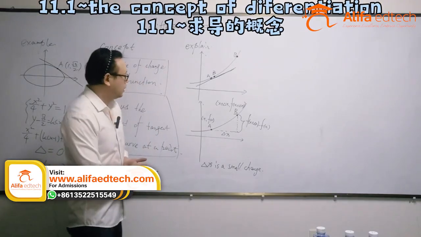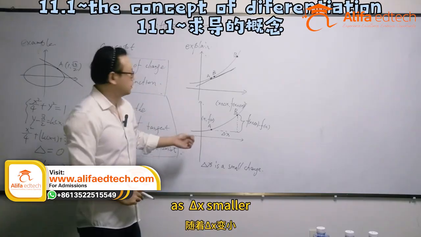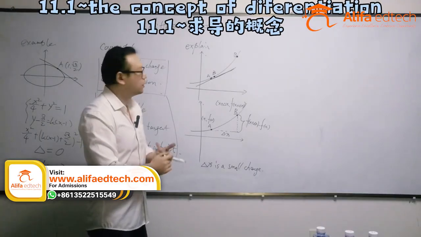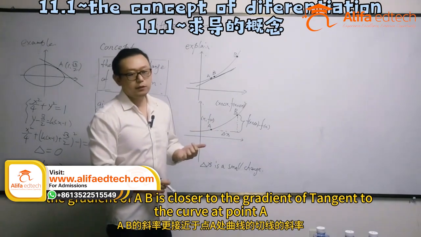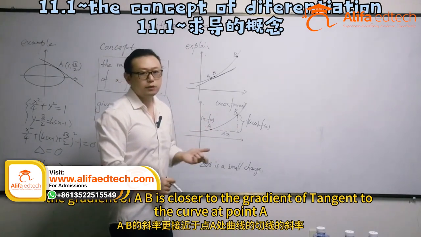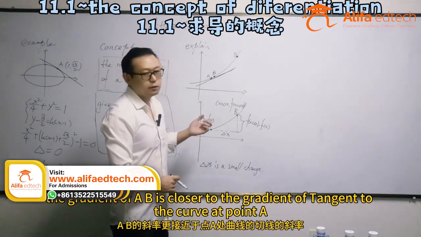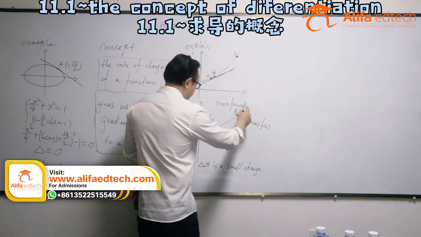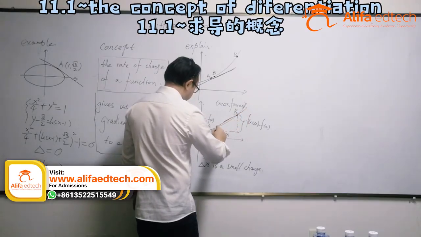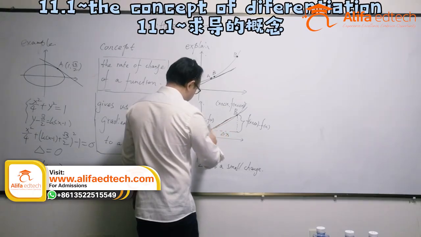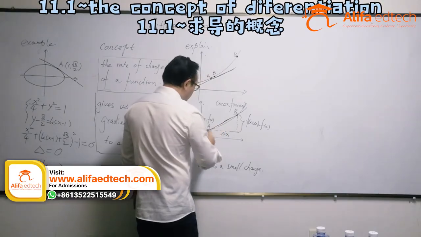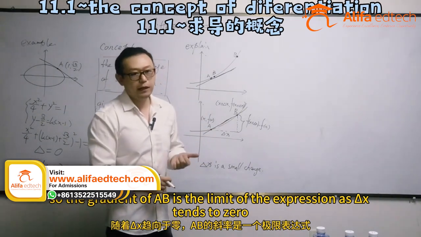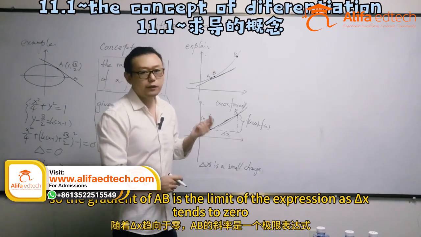So, as delta x gets smaller, the gradient of AB gets closer to the gradient of the tangent to the curve at point A. So the gradient of the tangent is the limit of the expression as delta x tends to 0.